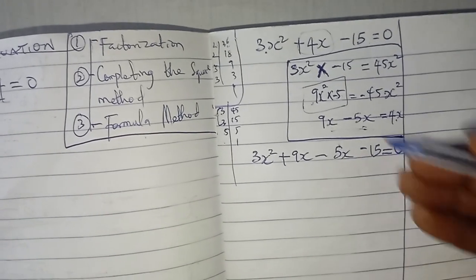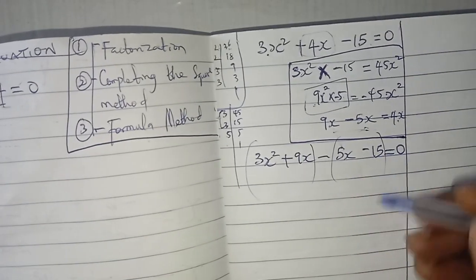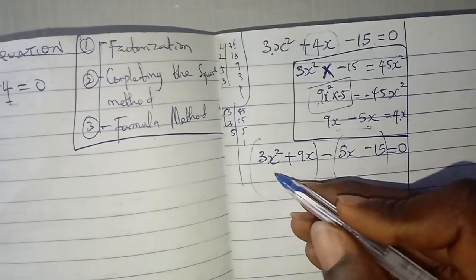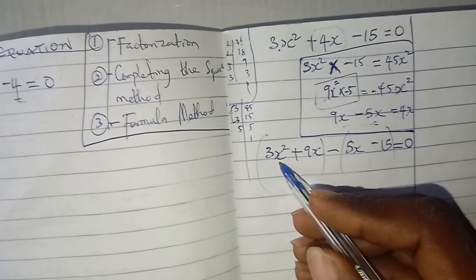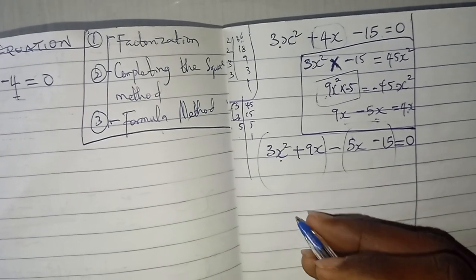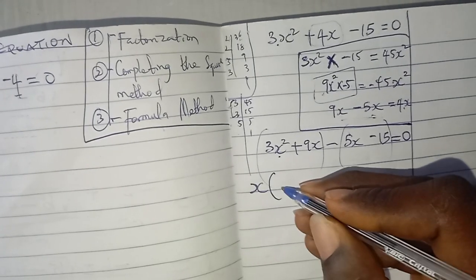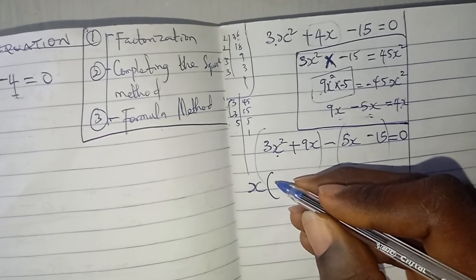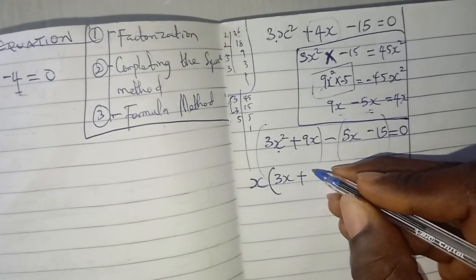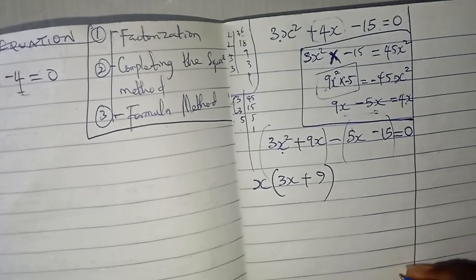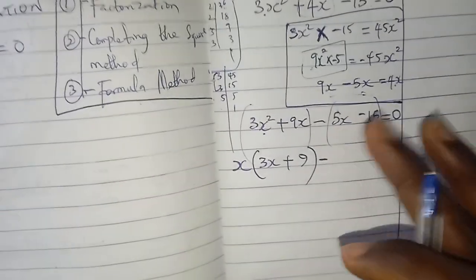At this point, I need to factor out. Factoring out means working on this side and this side. So I ask myself, what is common here? I notice that there's x here and there's x here. So let me bring out x, so that I now have 3x plus 9, then minus... what is common this side?